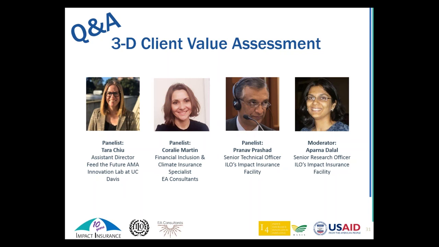So on the difference between the PACE and the 3D, maybe Pranav will be able to say a bit more about the PACE, but generally, I think the approach is similar. It is really identifying different aspects of product value, but this has been adapted specifically for agricultural index insurance products.